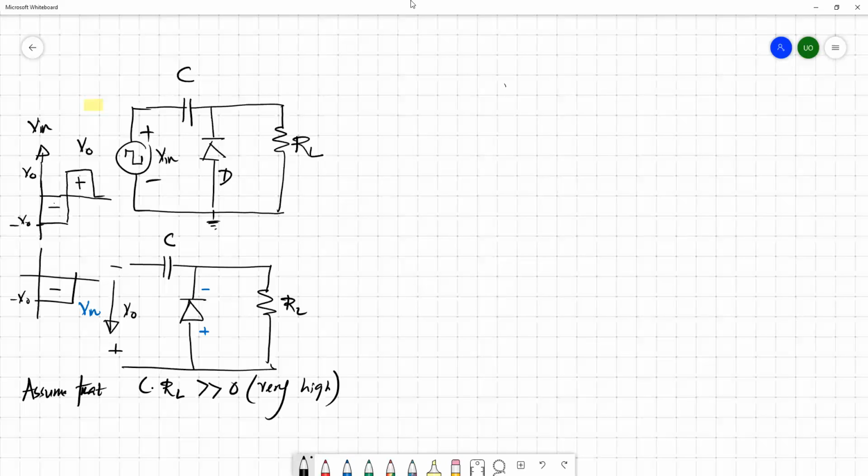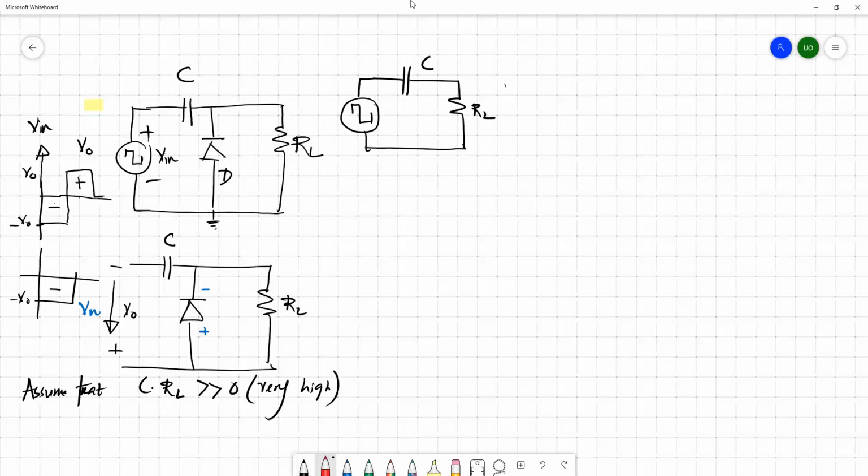This is the time constant for this circuit. If we simply neglect the diode, you have a source, you have RL, and you have a C. So this is an RC circuit.